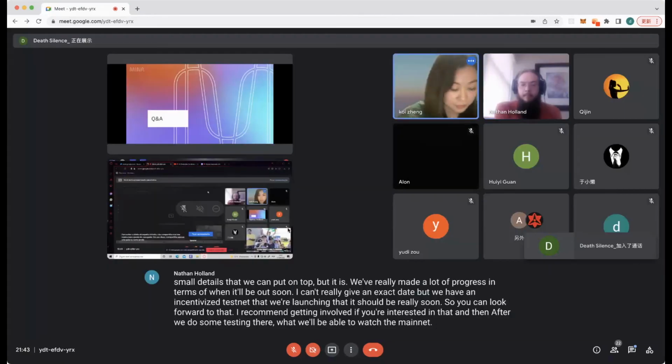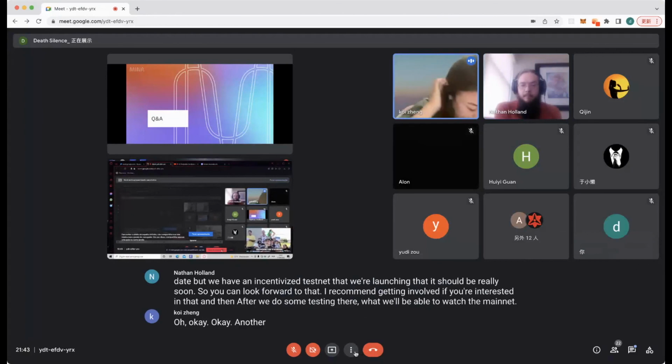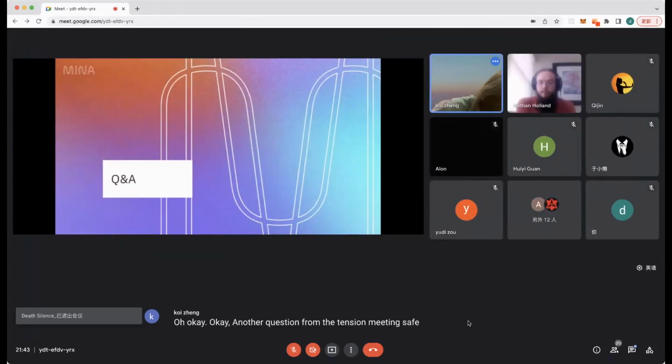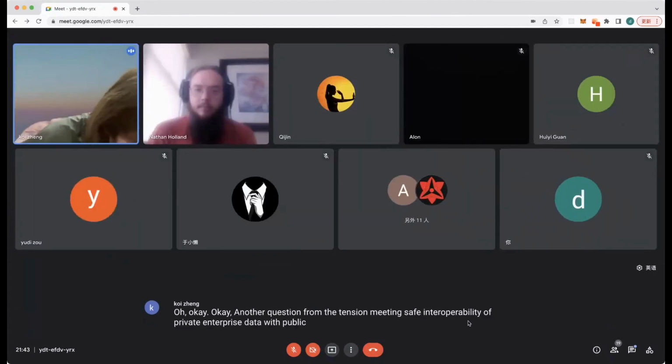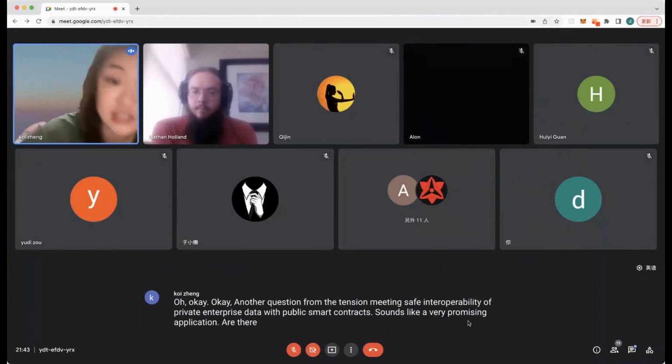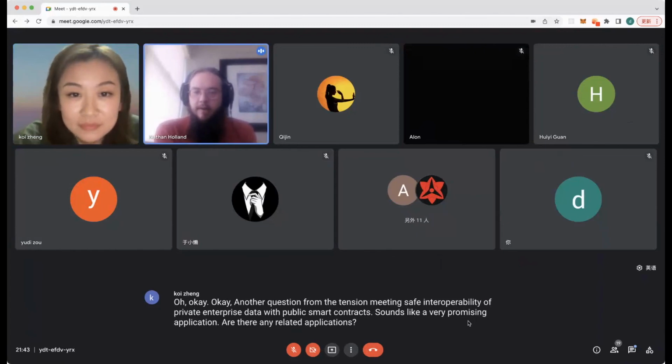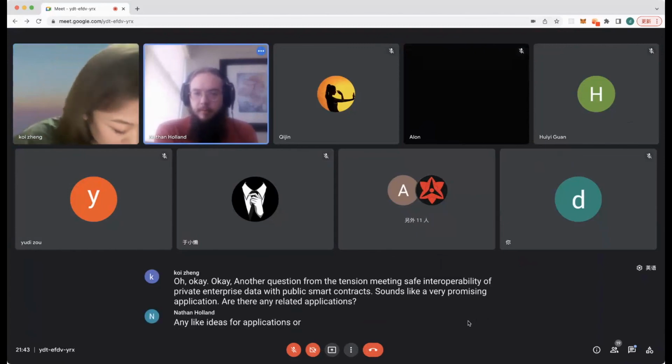Oh, okay. Another question from the Tencent meeting. Interoperability of private enterprise data with public smart contracts sounds like a very promising application. Are there any ideas for applications or any related applications?